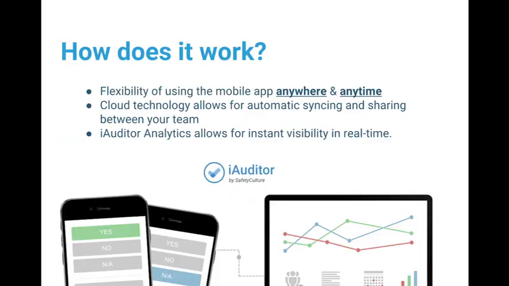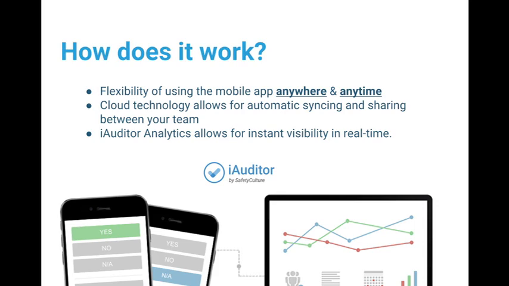Well, companies without digital audit information lack visibility across their organization, and therefore they miss out on vital information that could be used to better their business as a whole. With the iAuditor mobile app, you can conduct audits from anywhere at any time, and it's available on Android, iOS, and Windows 10. It can be used at a remote site, in your facility, online, or off.